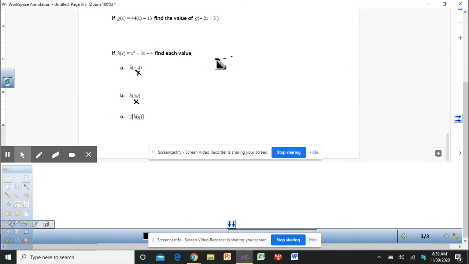Okay, last one. I'm going to replace every x with a g. That's going to be a little weird. But then at the very end, I'm going to multiply everything by 2. Notice how it's on the outside, kind of like if we had the plus 4, but instead of a plus 4, it's a times 2. So we go g squared plus 3 times g minus 4.